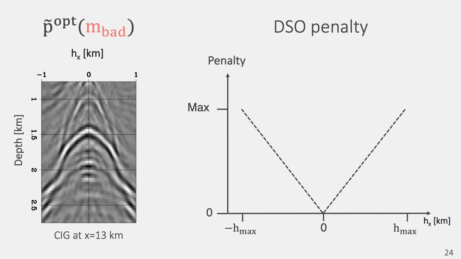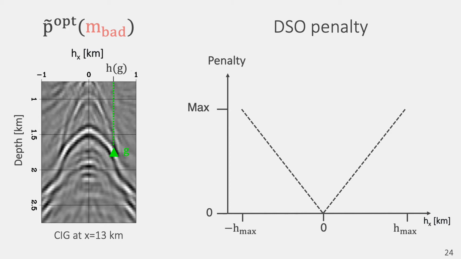So to further illustrate this conventional DSO penalty, or DSO weight function, let us consider a point on the image shown on the left panel by the green triangle. To obtain its penalty value, we first compute its distance with respect to the physical axis, h of g.